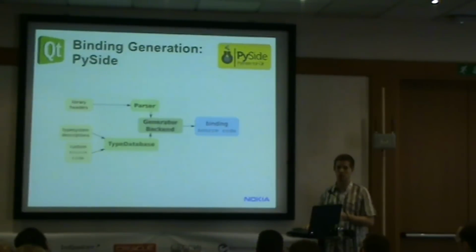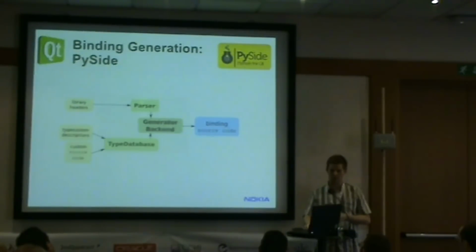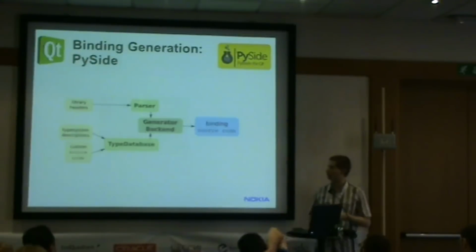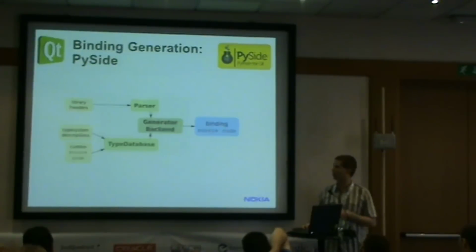So we don't use this wrapper approach, like with SIP and libsip as PyQt does, but we create direct CPython source code, and only use an auxiliary library for some minor things. In general, it's more or less the same, but the whole toolchain is available as part of the project.